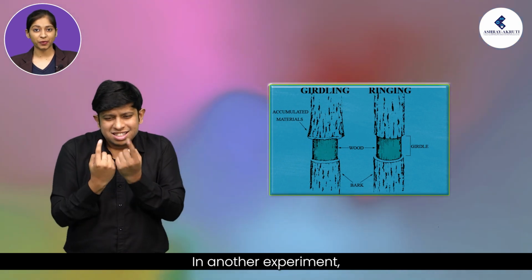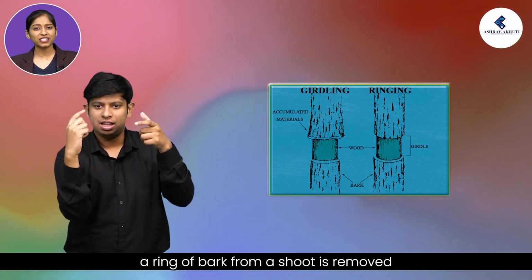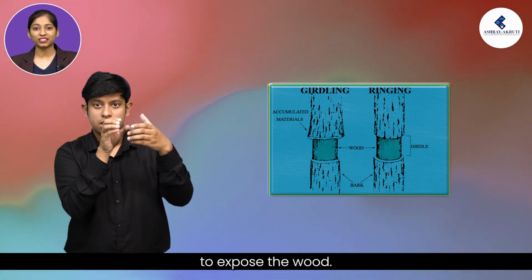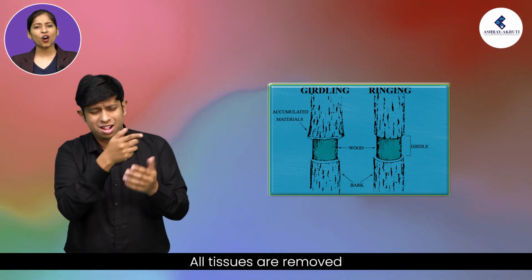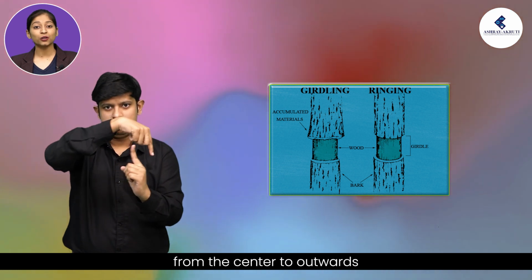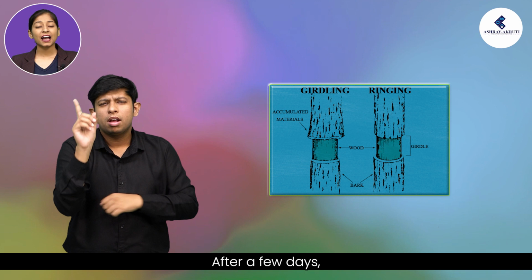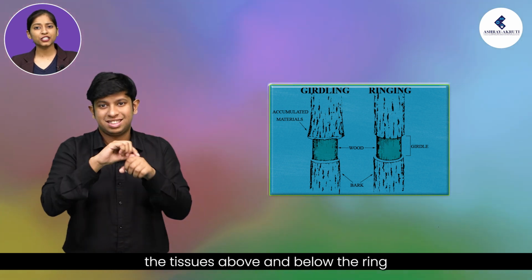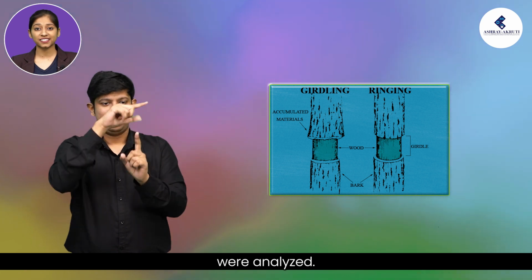In another experiment, a ring of bark from a shoot is removed to expose the wood. All tissues are removed from the center to outwards, including the phloem. After a few days, the tissues above and below the ring were analyzed.